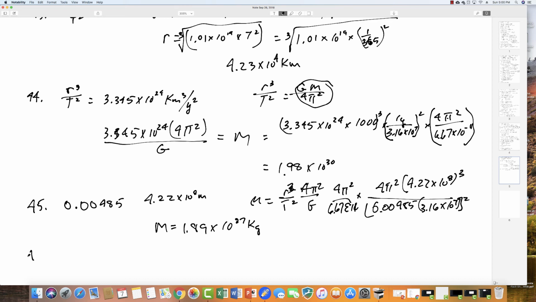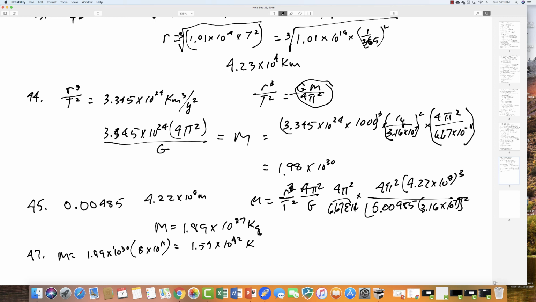The first question, we have to calculate the mass, which is given as so many solar masses. So the mass is going to be equal to one solar mass, which is 1.99 times 10 to the 30, and it says that there's 8 times 10 to the 11th solar masses. So the Milky Way has a mass of 1.59 times 10 to the 42 kilograms.